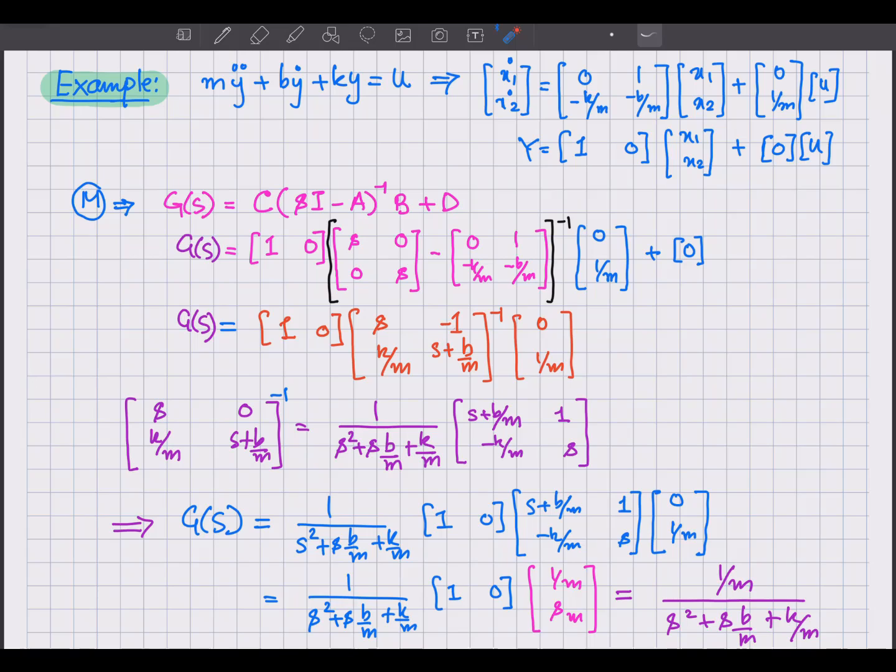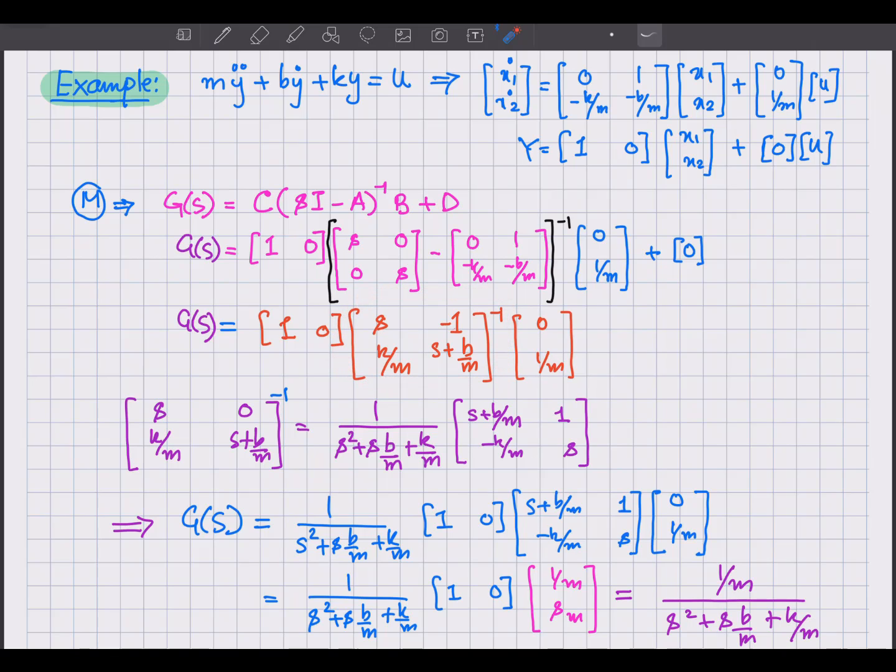Now combining these two matrices, s minus 0, s, 0 minus 1, so this will become minus 1, 0 minus k by m, so we will get k by m, and then s minus minus plus, so s plus b by m, into this 0 and 1 by m matrix. Okay, so we need to take the inverse of this matrix.